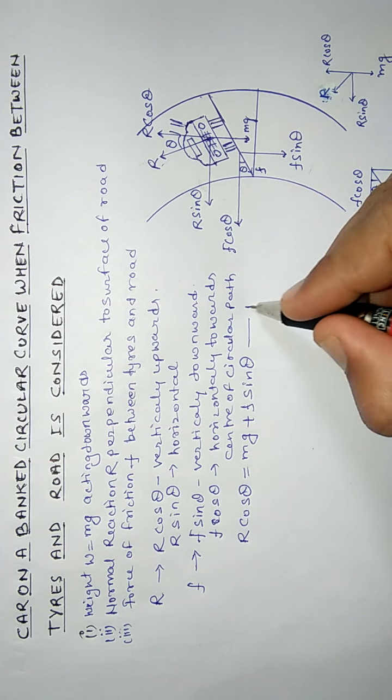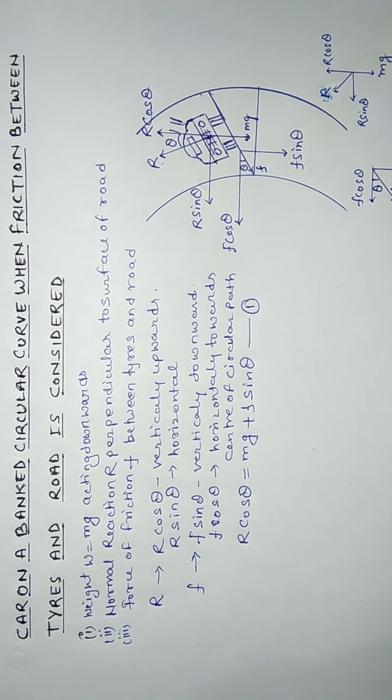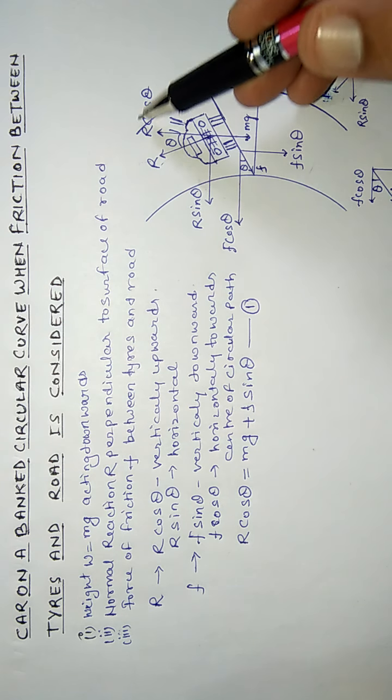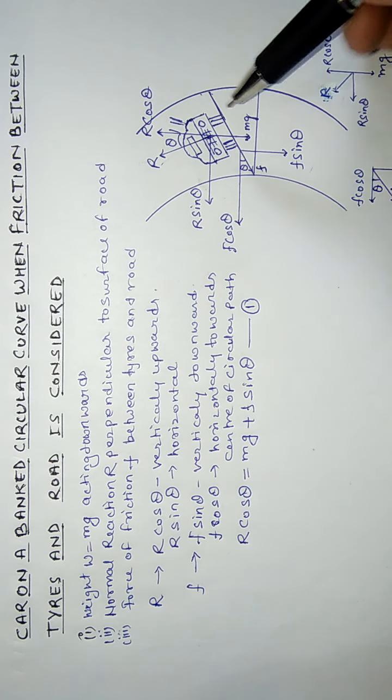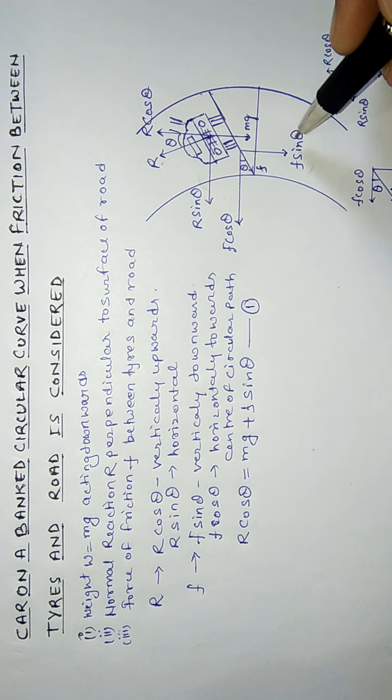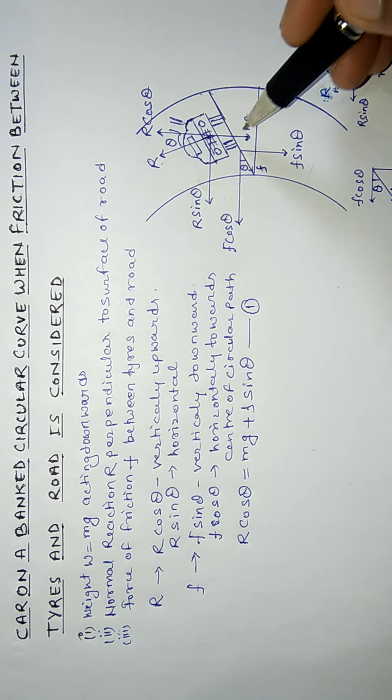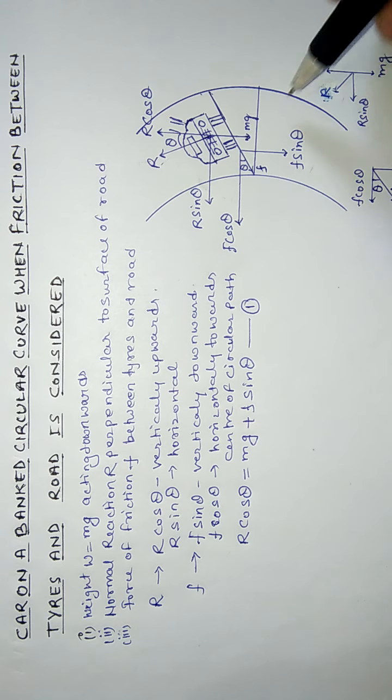This can be written as equation number 1. You can see it from here. This is R cos theta and it is acting in the upward direction, while mg and F sin theta are the forces working vertically downwards. So they will be equal to each other.